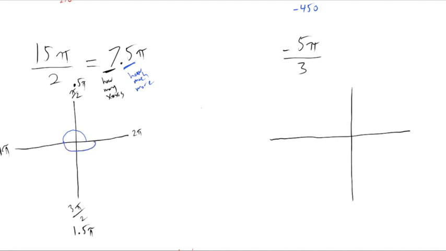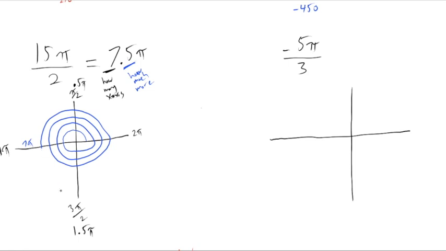Then the next time I hit the x-axis is 2 pi, 3 pi, 4 pi, 5 pi, 6 pi, 7 pi. So at this point I have now hit 7 pi. I've hit the x-axis 7 times. So I just need to go half more.